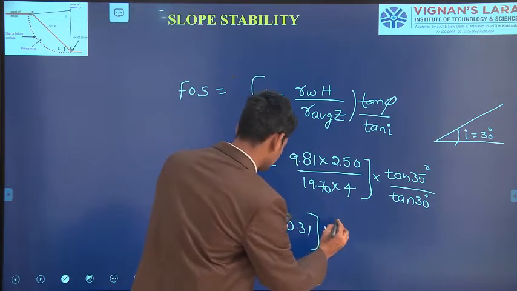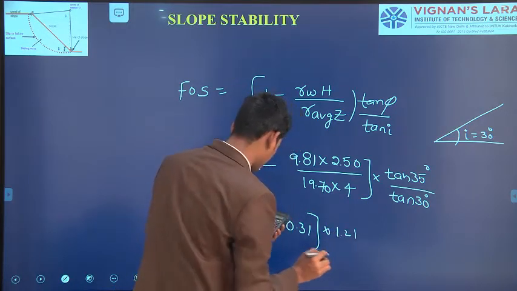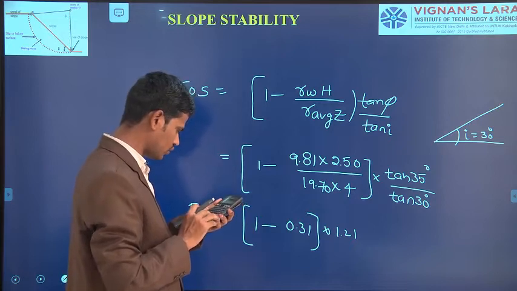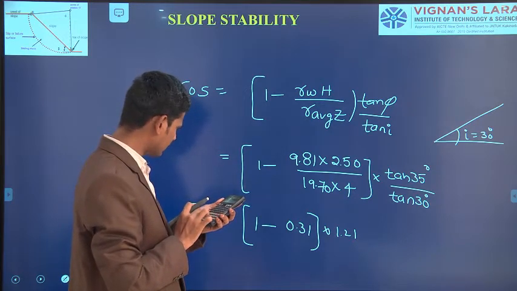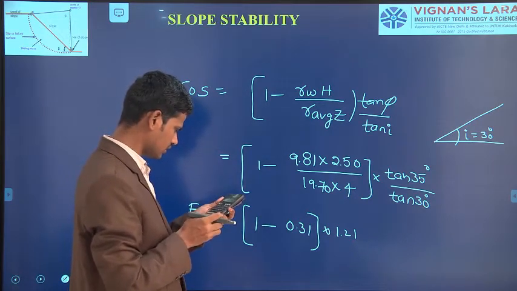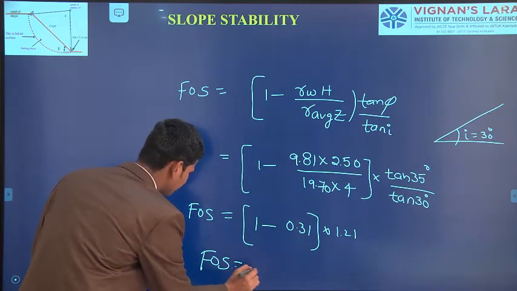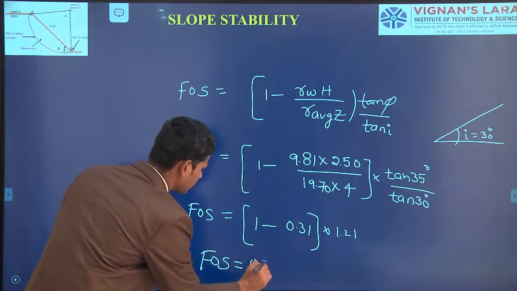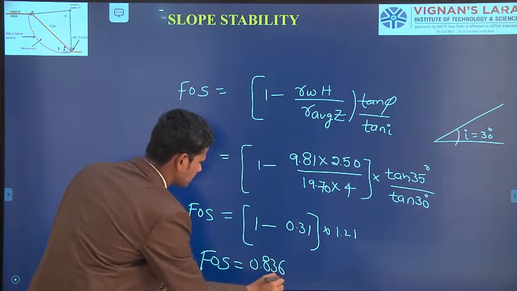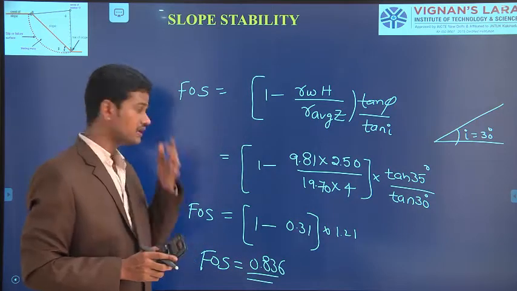Okay, I am getting it as 1.21, into 1 minus 0.31. I am getting this factor of safety of the soil mass, FOS, equal to 0.836. This is the factor of safety of the soil mass.